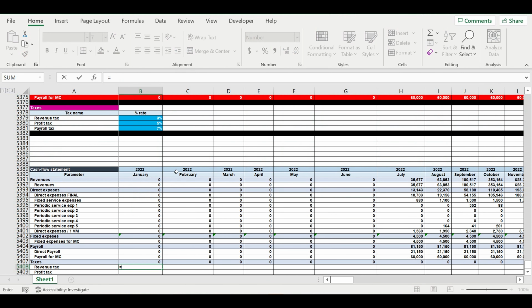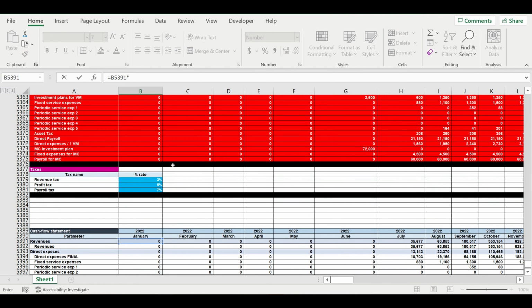So revenue tax we are calculating by multiplying the revenue by the revenue tax rate.